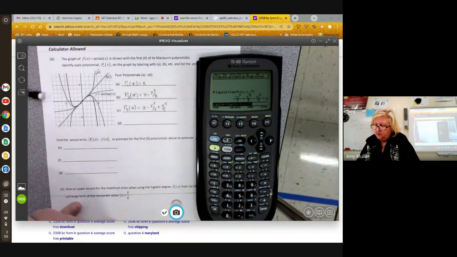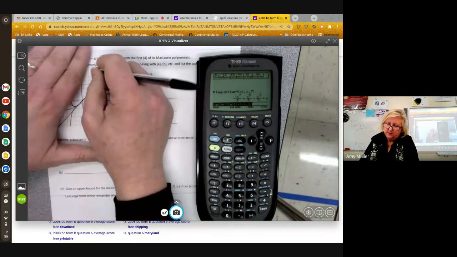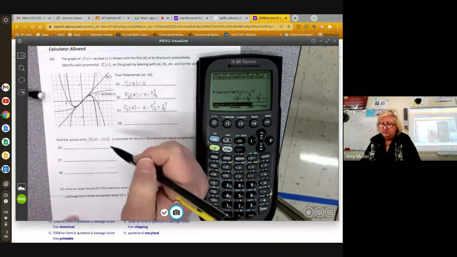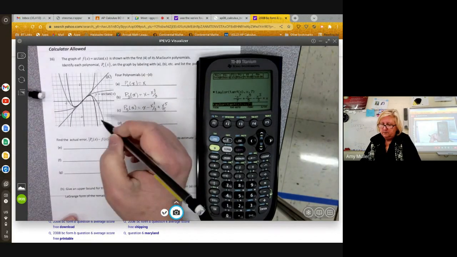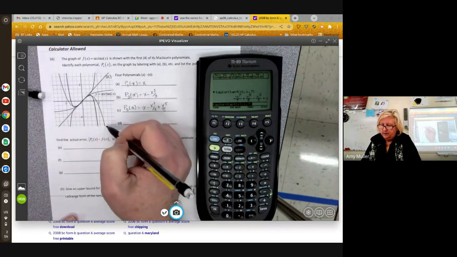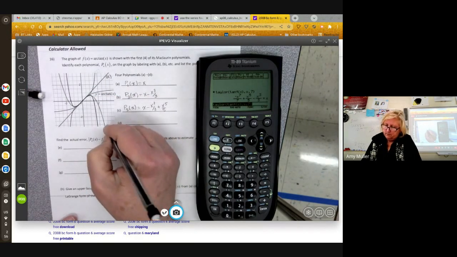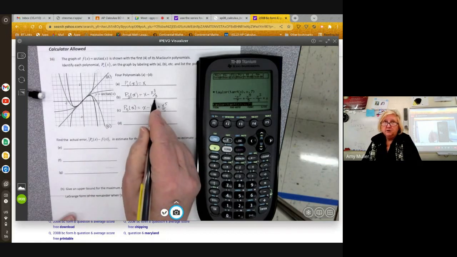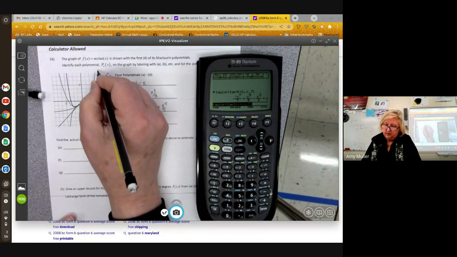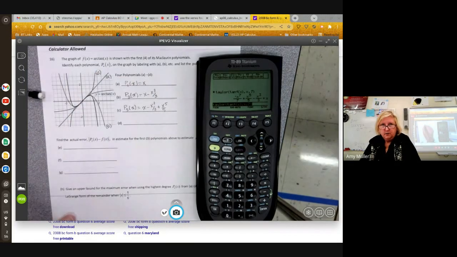So that's the 5th degree. Oh wait, this is not B, is it? B is the one that's upside down, the bottom right line. I'm sorry, the end behavior is negative, I missed that. Then this one's going to be C because it's opening up.